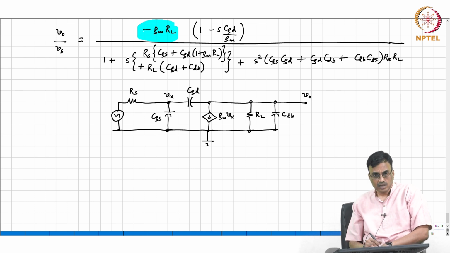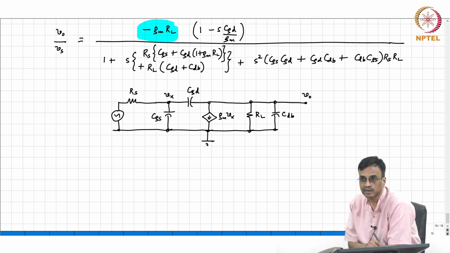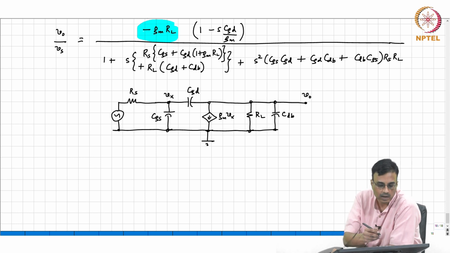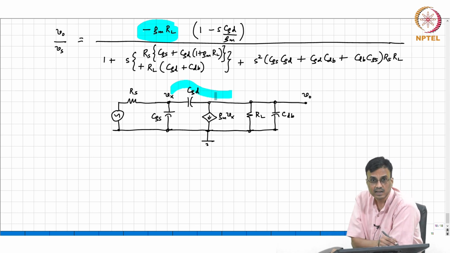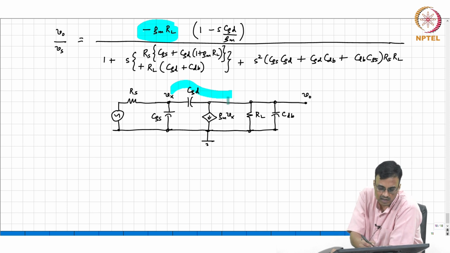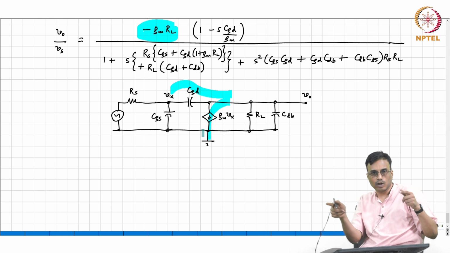There are two paths from the input to the output. How does the signal get from the input to the output through two paths? One is via Vx and CGD, the other one is through GM Vx. Since there are two paths, each path has some gain to the output.